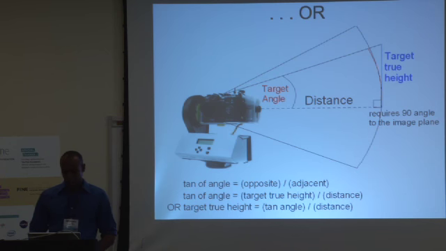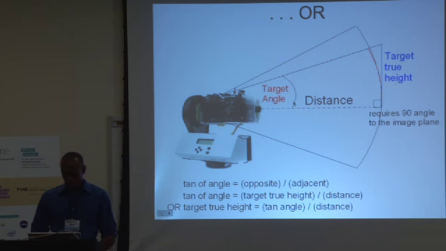Alternatively, when you use the tangent angle formula using trigonometry, you don't really need to do the circumference. You're taking just the angle of the target.